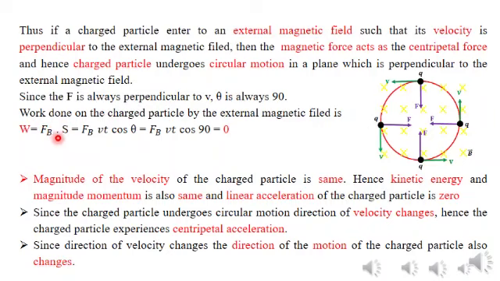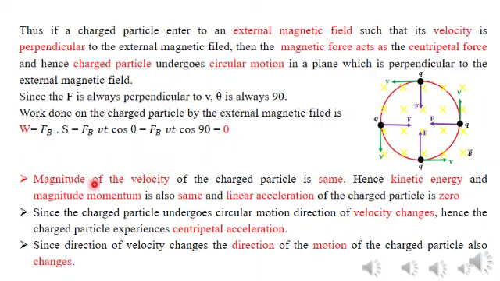Also, replace dot by cos theta. So, work done is Fb vt cos theta. The angle between force and velocity is 90. The expression of work is Fb vt cos 90, which is 0. The magnetic field is not doing any work on the charged particle which is passing through this magnetic field.